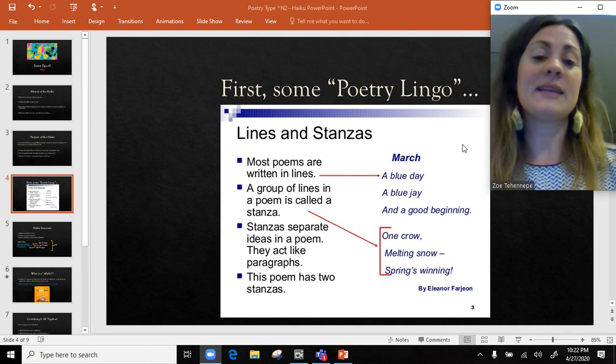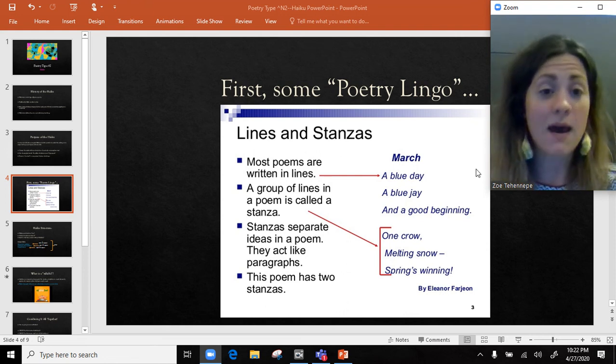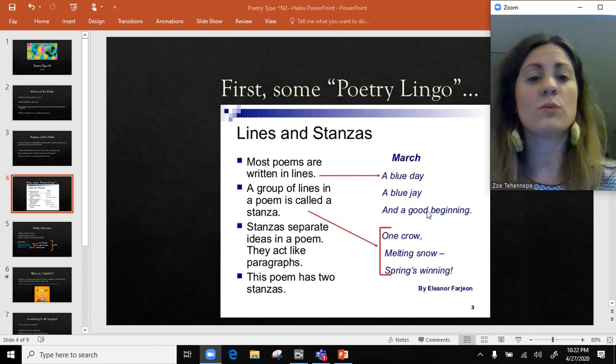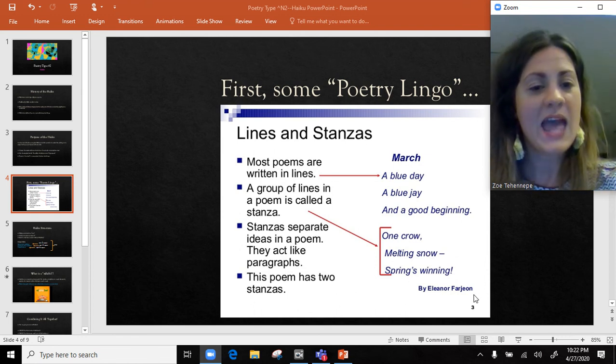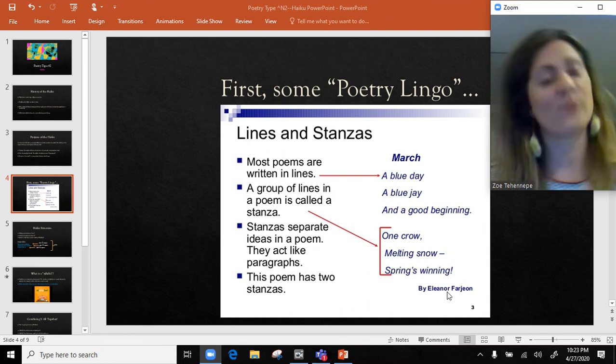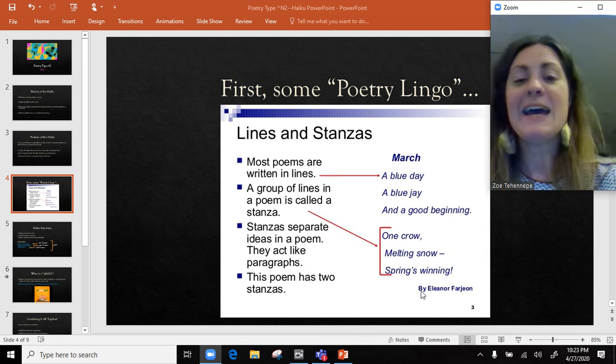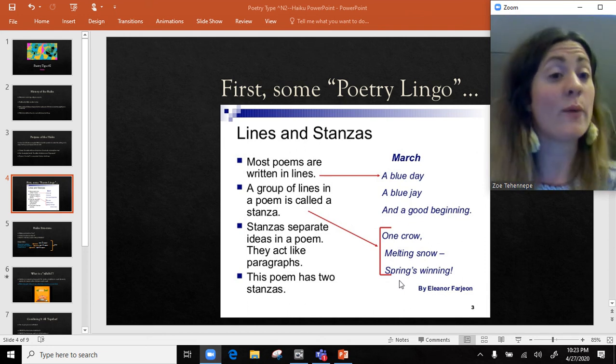So if you have a peek at this poem, it has 6 lines, right? 1, 2, 3, 4, 5, 6, and it has 2 stanzas. And it's by the beautiful Eleanor Farjeon. Okay, lovely. Excellent. So that's your first little bit of poetry lingo.